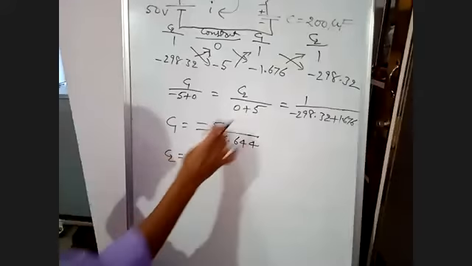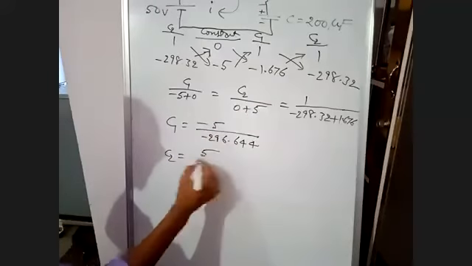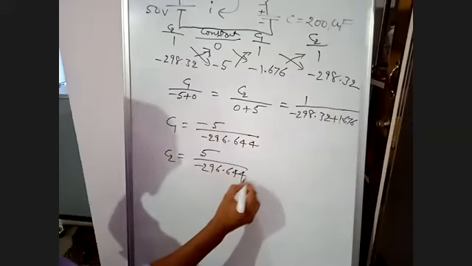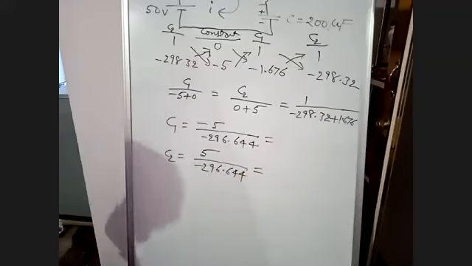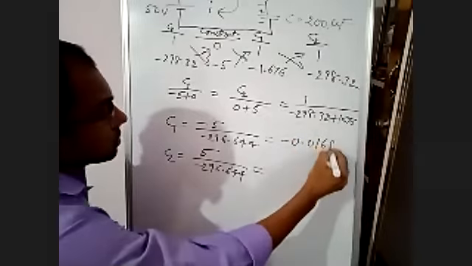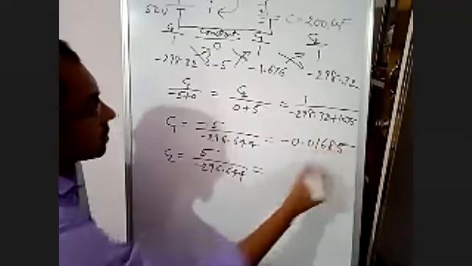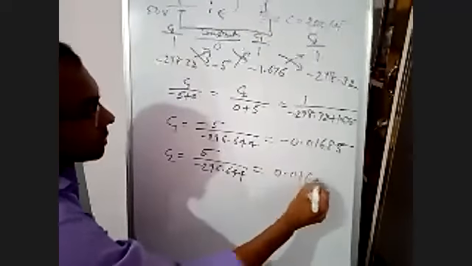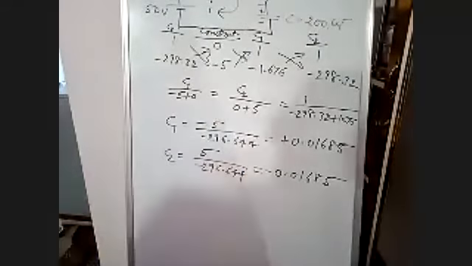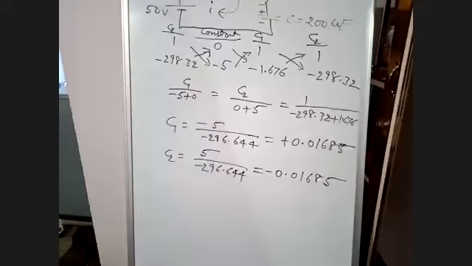Now C2 is cross multiplied: 5 divided by minus 296.644. What is this value? 0.0167. These are the values of C1 and C2.